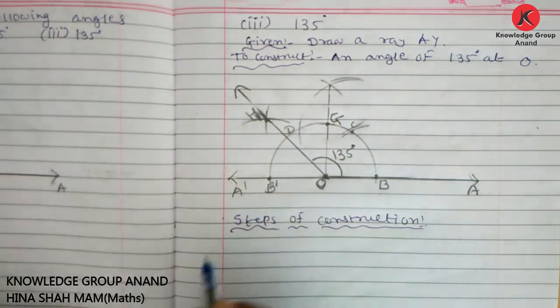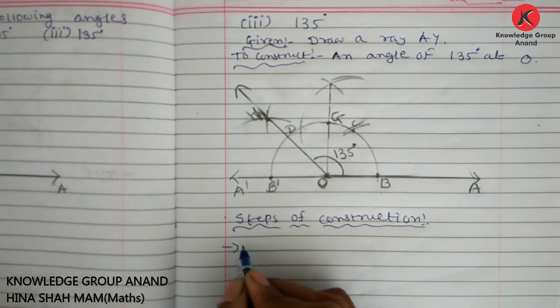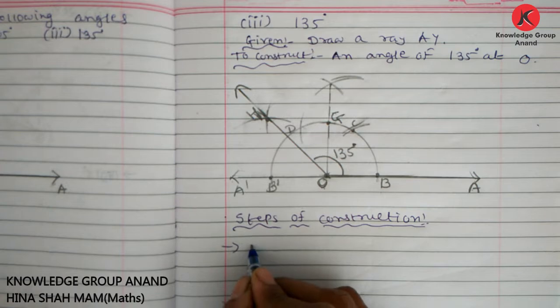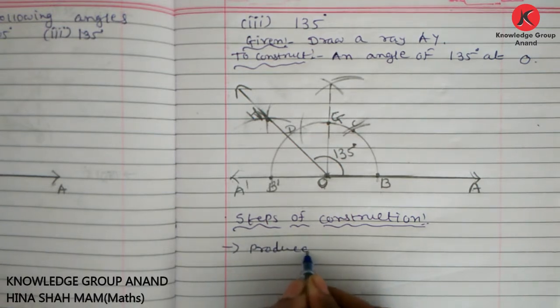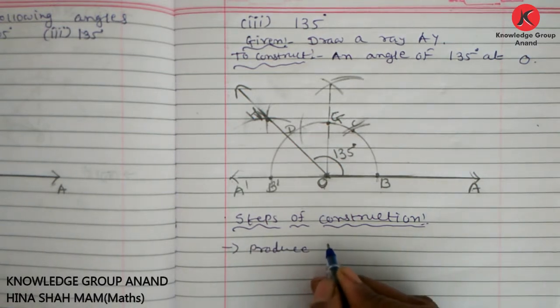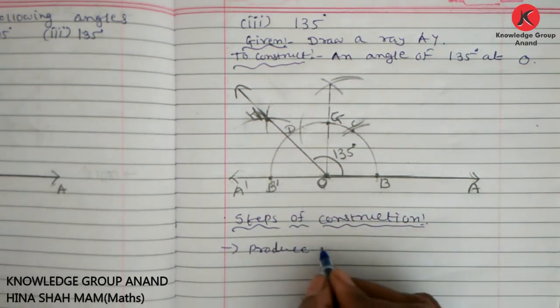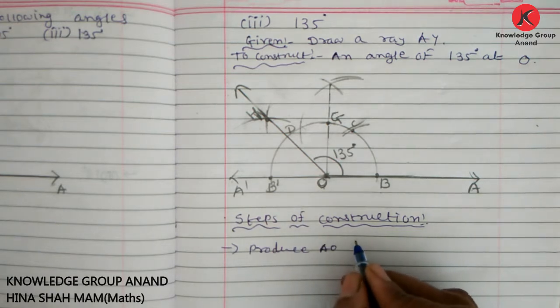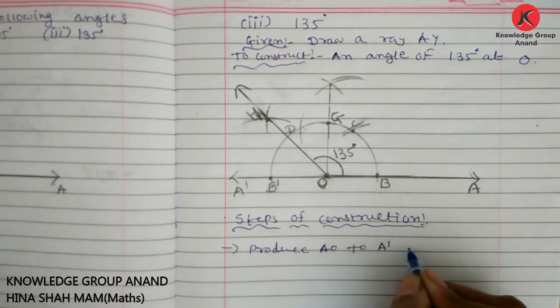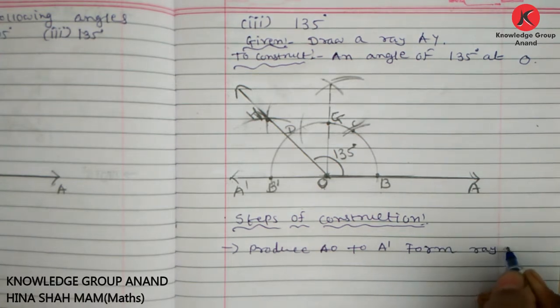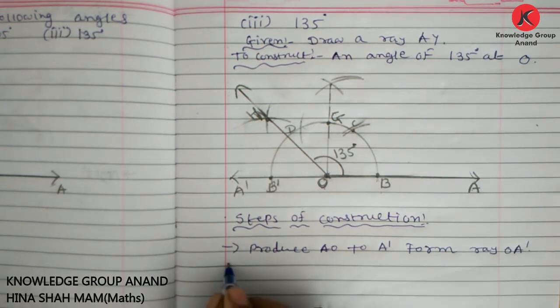Now the steps of construction. Given part, to construct, we write here. Produce ray AO to A dash to form ray OA dash.